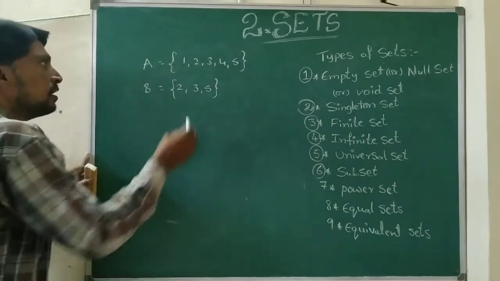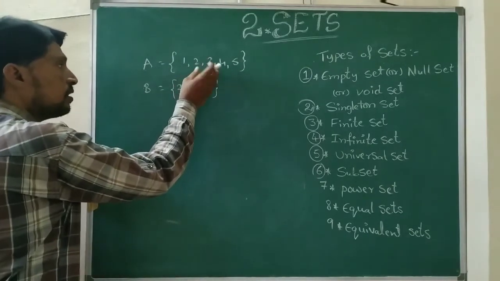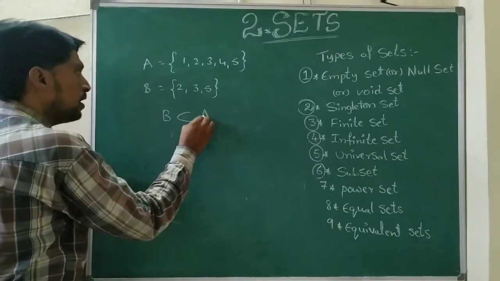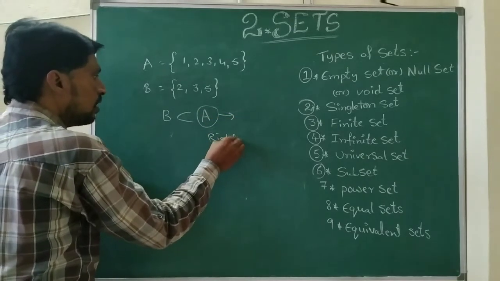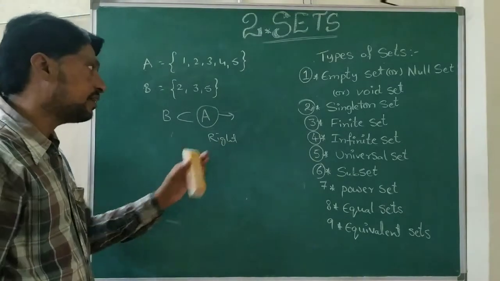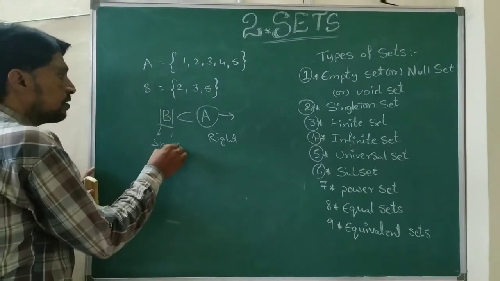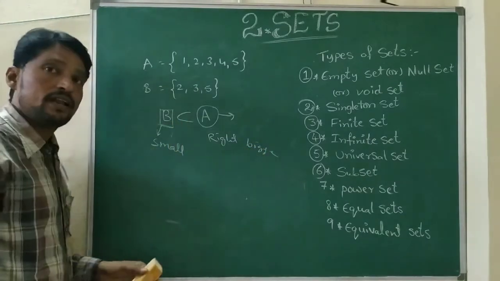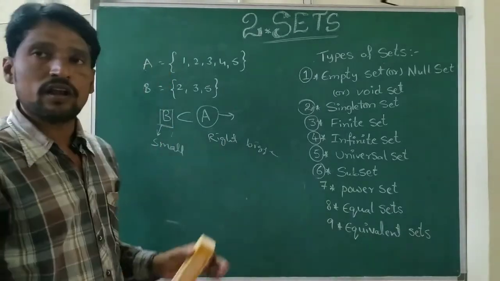Set B has only some of the elements, which means B is a subset of A. Always on the right side we need to write the bigger set, and on the left side of the subset symbol we need to write the small set.